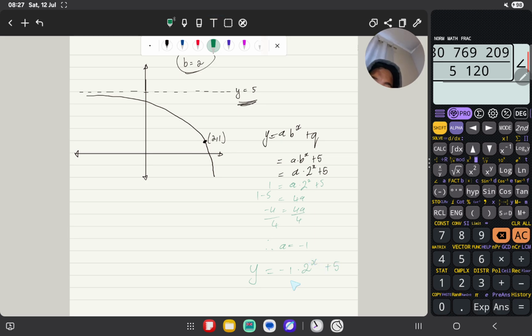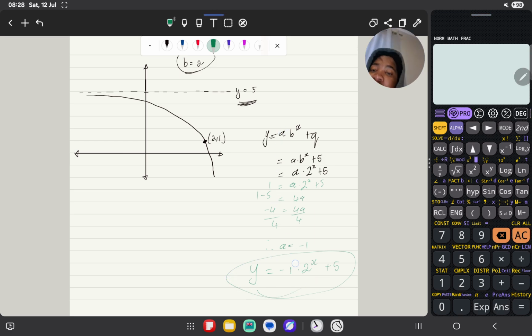It makes sense why this is negative, because look, your asymptote and your graph is below the asymptote, and the way it's shaped, it makes sense that this be the function. Otherwise, look, know your things. Know properties of a, properties of q, because they really help you, you won't get lost, and you'll be able to rectify your mistakes.